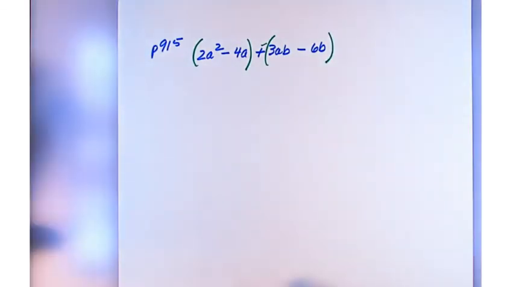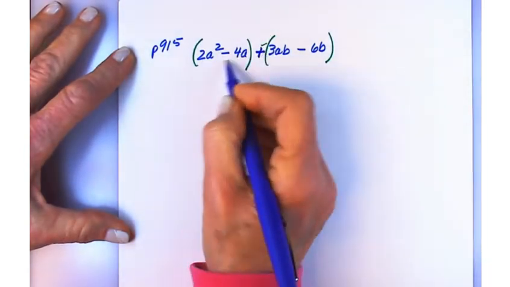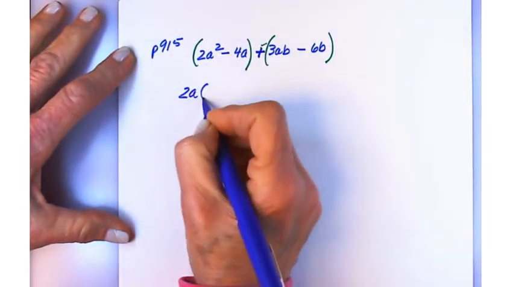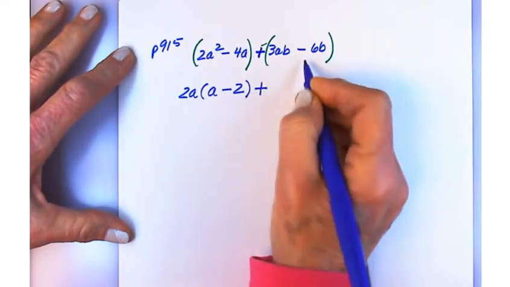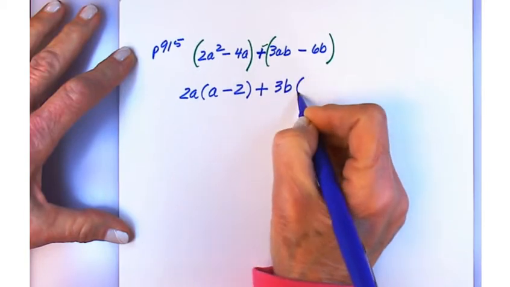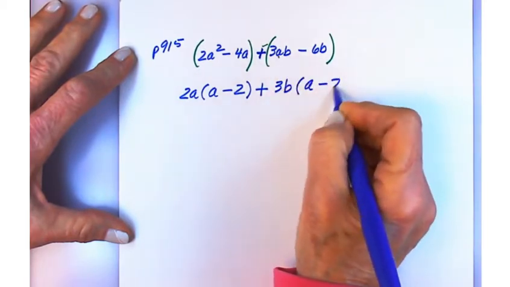Okay, I was able to do that because this was positive. So look in the first two, I'm going to pull out the 2a. Look in the second two, I can pull out the 3b. I'm left with a minus 2.